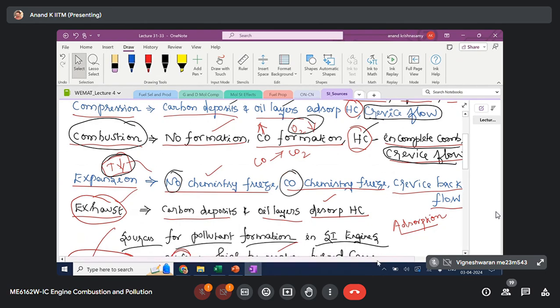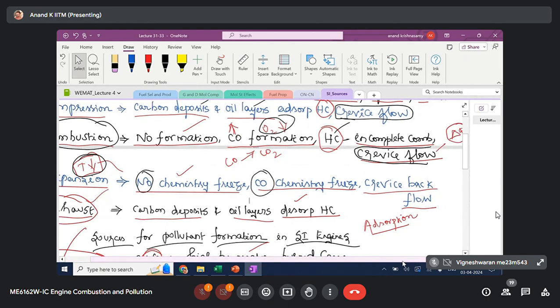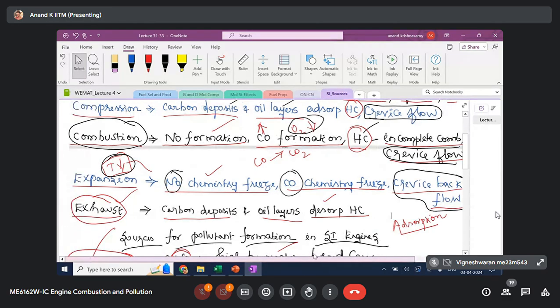Since the pressure and temperature drop considerably inside the cylinder during the later part of the expansion stroke, there will be backflow of the unburned mixture from the crevice region to the cylinder region. By this time, the pressure and temperature are considerably low. Because of that, the unburned hydrocarbon cannot get oxidized, and thus it becomes a source for HC emissions.